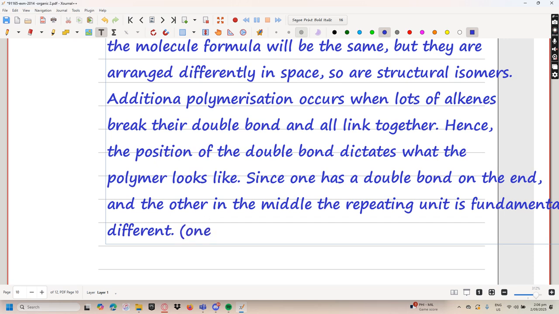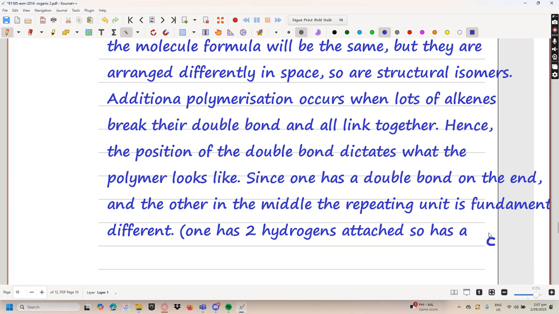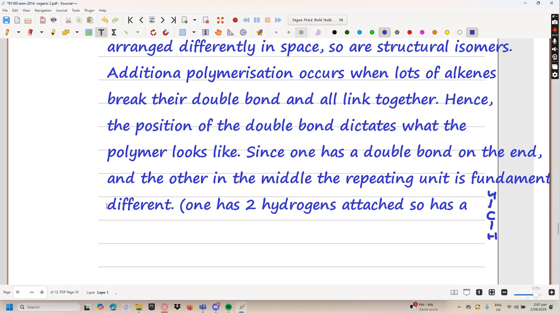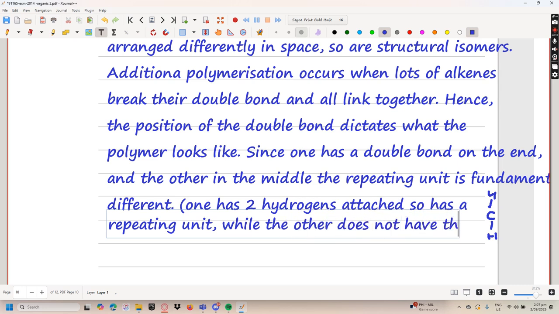So you could outline why that is. Like, one has 2 hydrogens attached, so it has a CH2 repeated unit while the other does not have this.